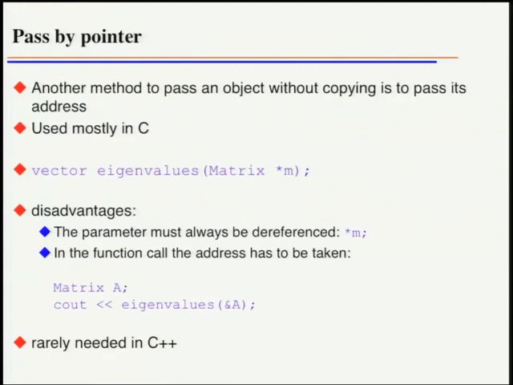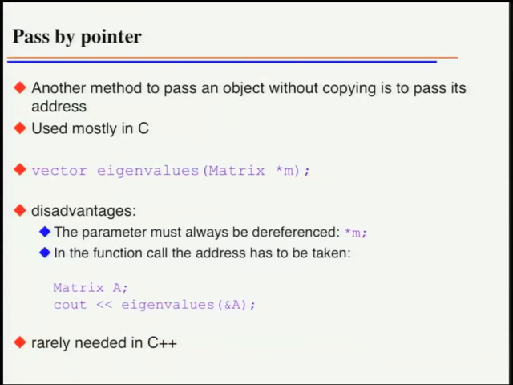All right. You can also pass by pointer, which just copies the address of the matrix M into the function. It's used a lot in C because there you don't have these references. It's not often needed in C++.